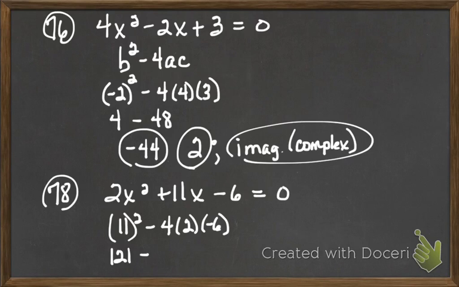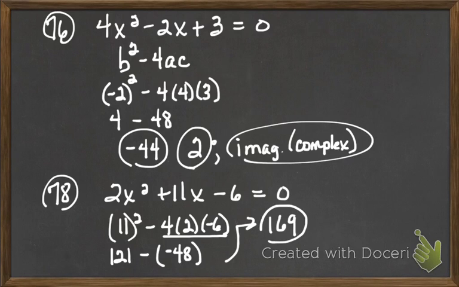Bring down your minus. What's 4 times 2 times -6? -48. Be really careful here because you have minus a negative. So you have 121 minus -48, which is going to give you 100 and what? 169. So that's your discriminant.